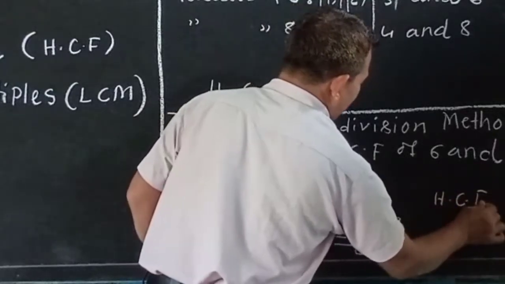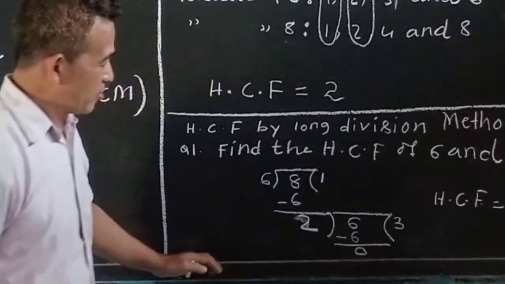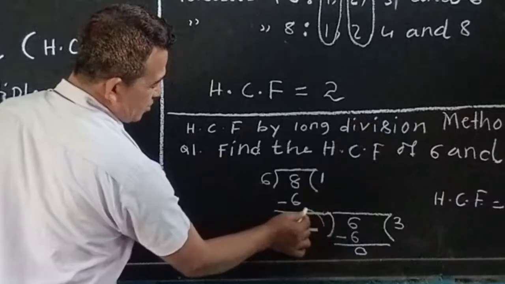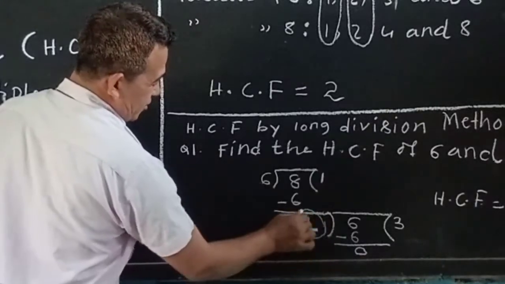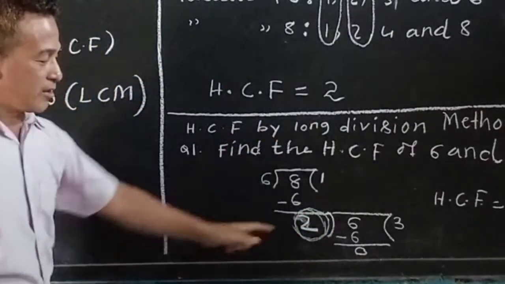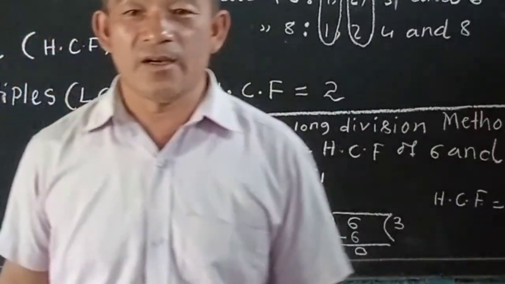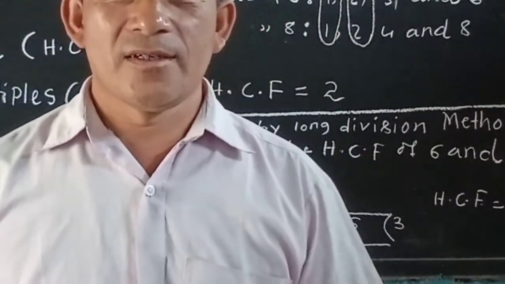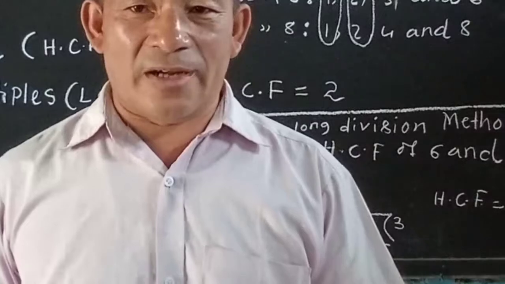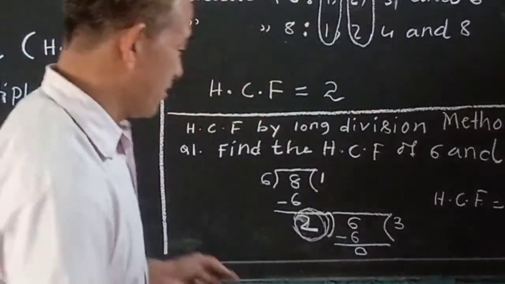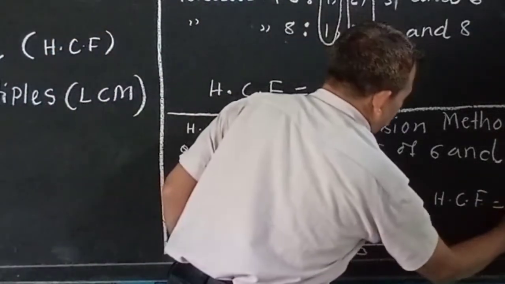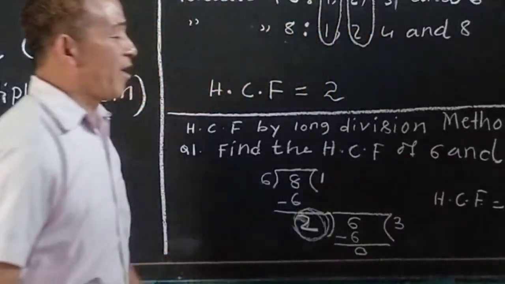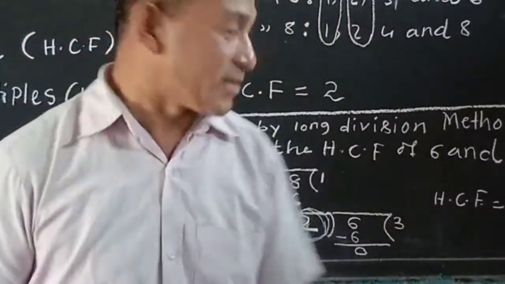Which one is the HCF? The last divisor that you got, that is 2. This last divisor, 2, is the highest common factor of 6 and 8.